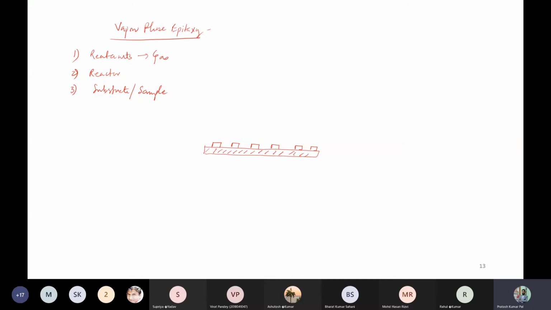Similarly, here there is a sample holder, okay, we can call it a sample holder. Onto this, the sample is placed. This is our sample, or we call it the substrate, on which we want the deposition of the epitaxial layer.